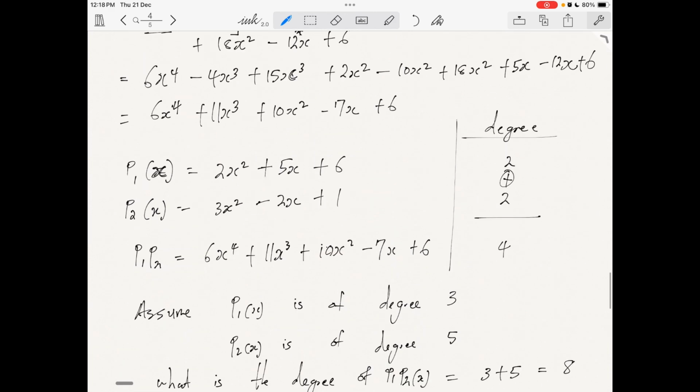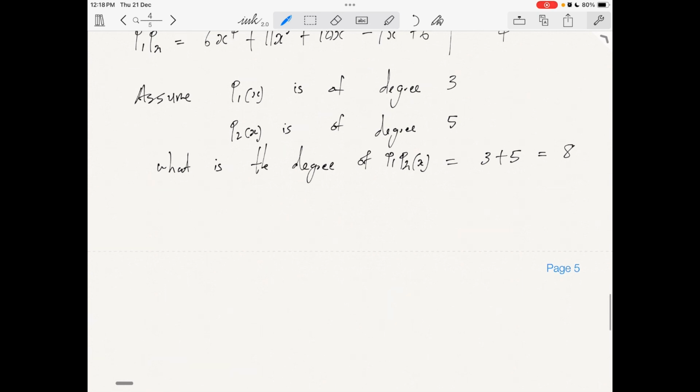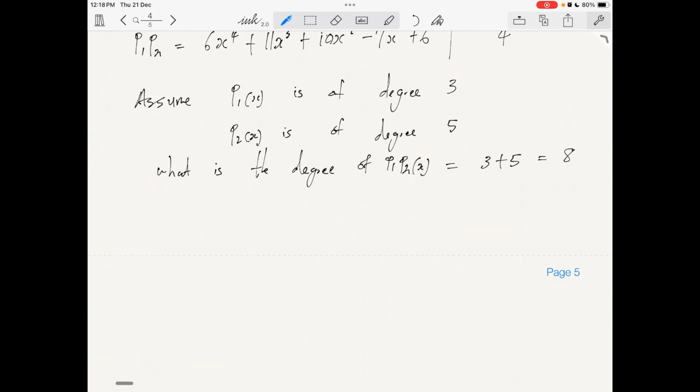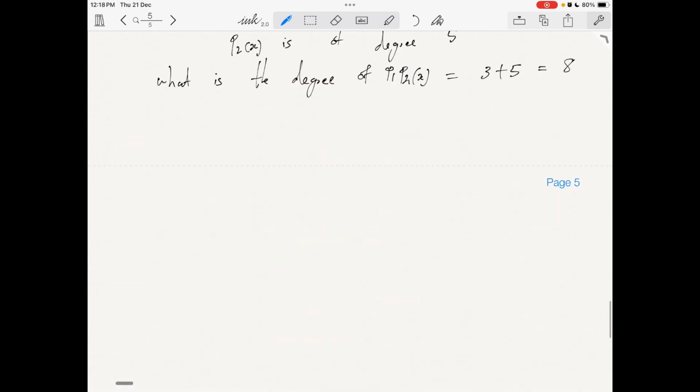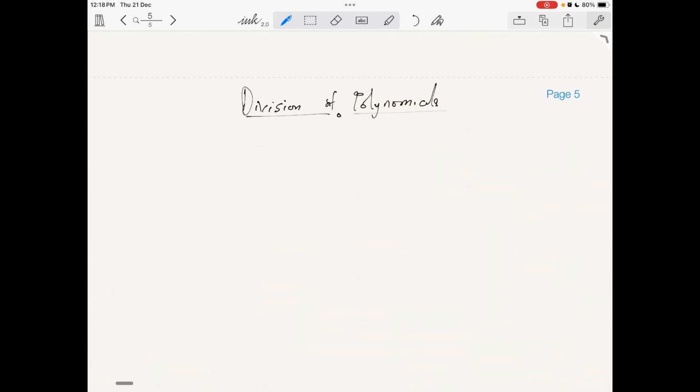Now let's go on to division of polynomials. There are important terms to note when we want to perform a division process in polynomials.